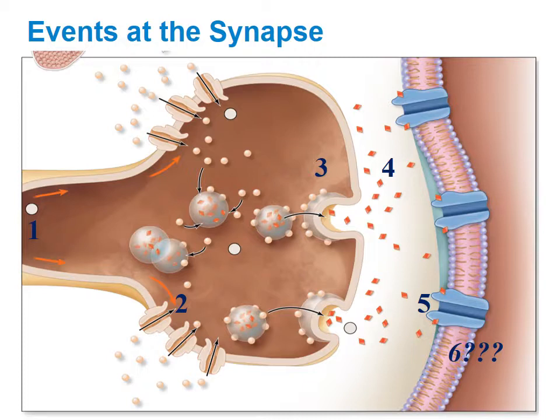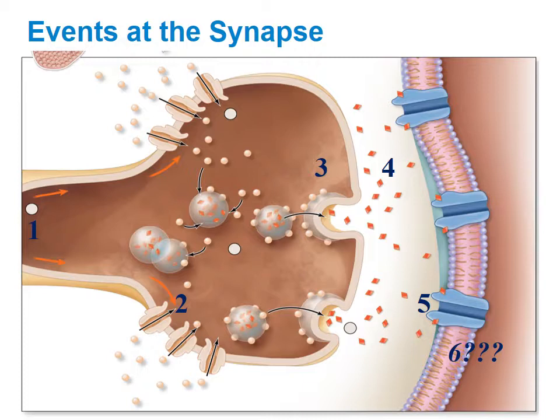Step 6. If the channel opens and sodium moves in, the second neuron will depolarize and get closer to threshold. If the channel opens and potassium moves out, the second neuron will hyperpolarize and get further away from threshold.